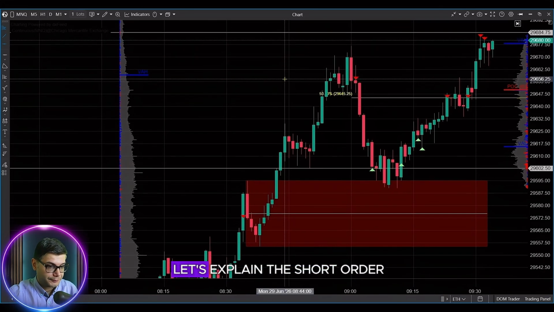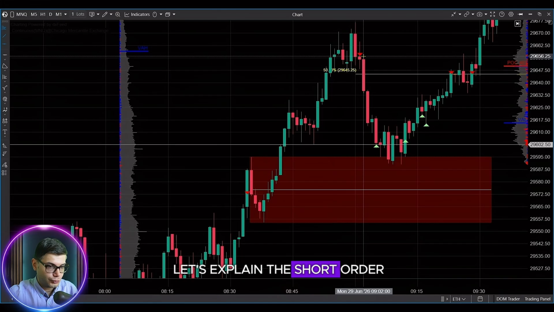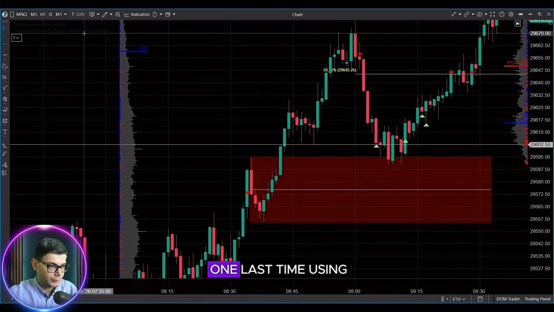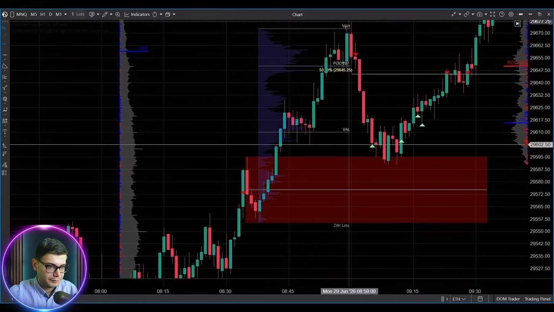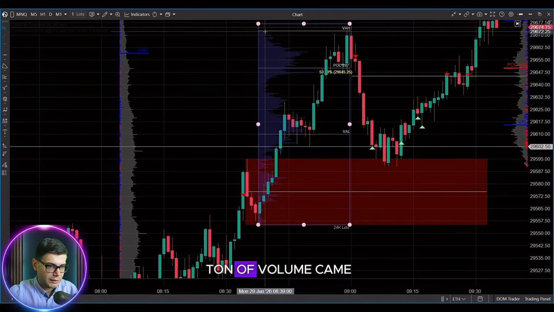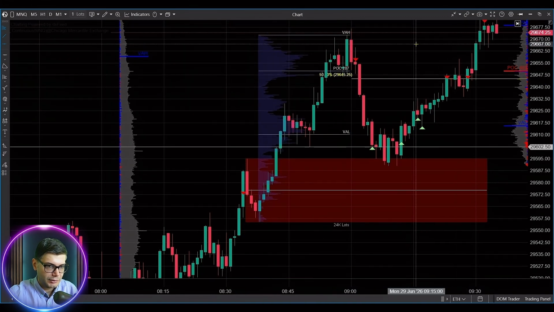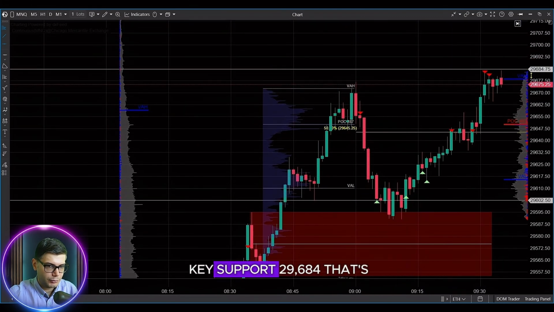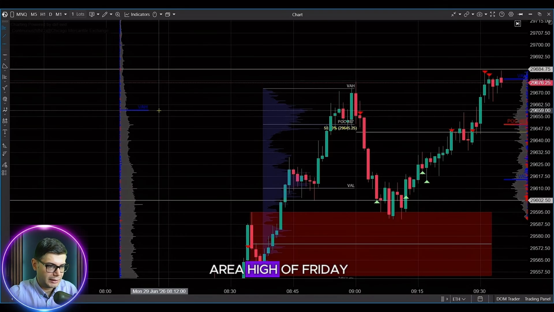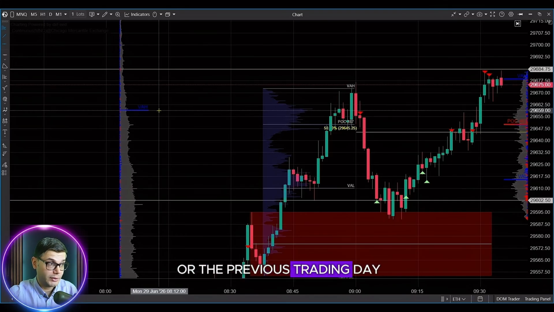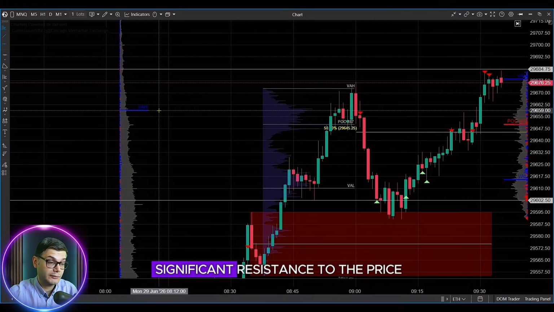So let's explain the short order and the buy order one last time, using the volume profile from this pivot low to this pivot high. A ton of volume came. The price came short to the key support, 29,684. That's right at the value area high of Friday, the previous trading day, which can provide a significant resistance to the price.